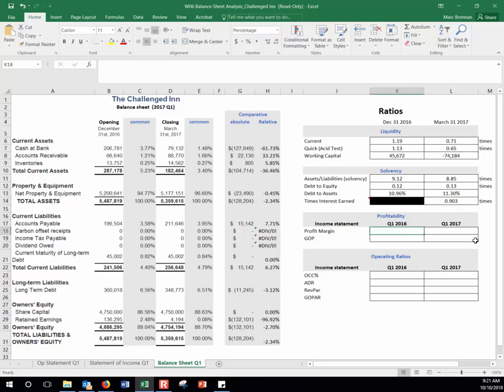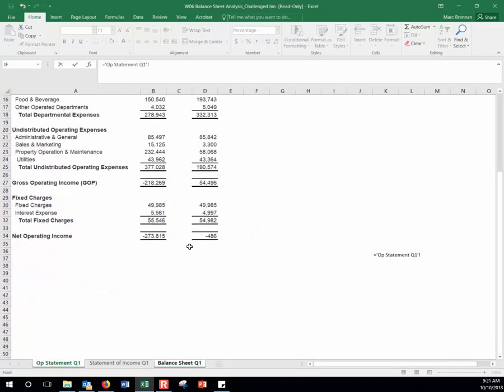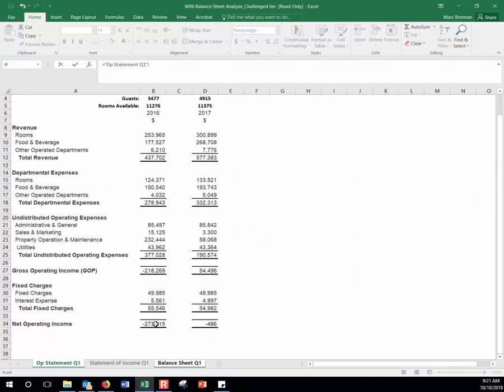Okay, profit margin. Now, this is where we're going to take a look at the income statement. Summary operating statement. Profit margin is your net operating income compared to your total revenue. Now, this is what we've done already in our common size analysis. You've done this before. Okay, so we're really just dividing our net operating income by our total revenue.